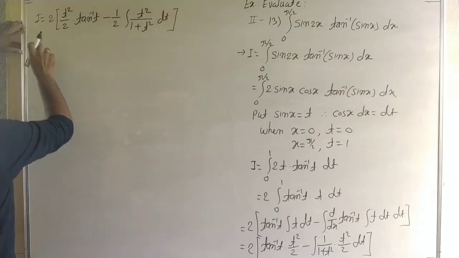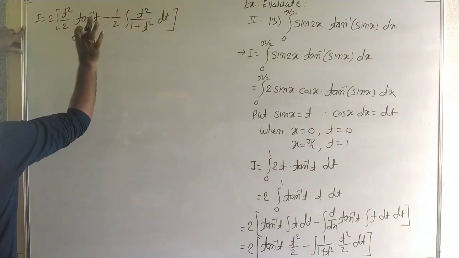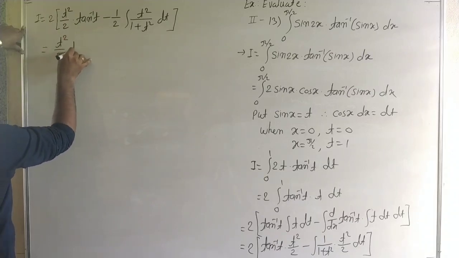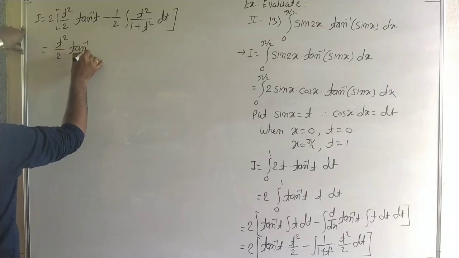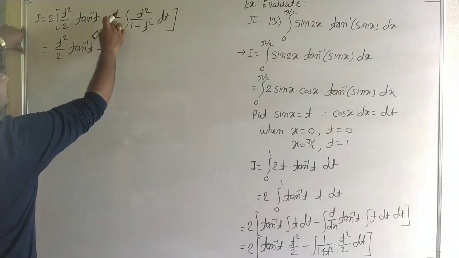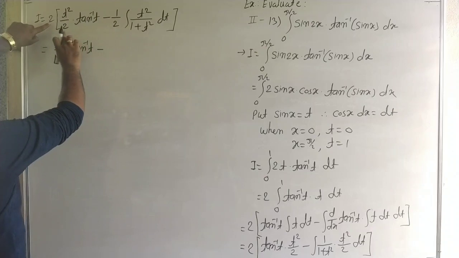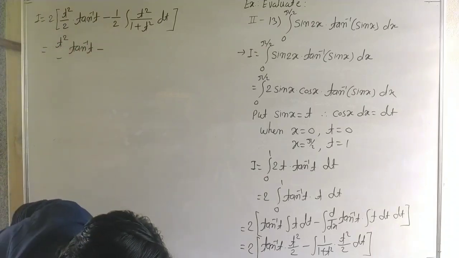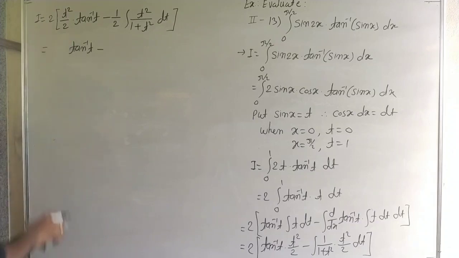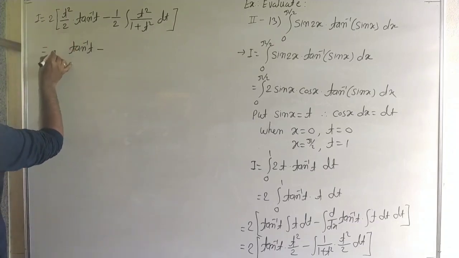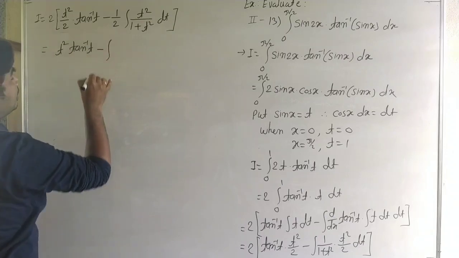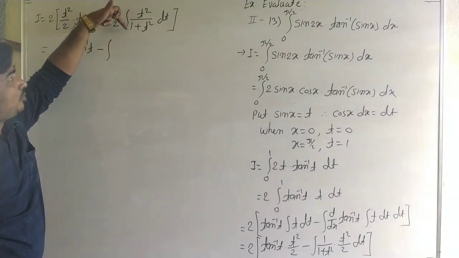Okay, then these two and these two get cancelled. Therefore, this is t square by 2... it is t square tan inverse t minus, 1 by 2 and 2 get cancelled. Now the integral of t square upon 1 plus t square.